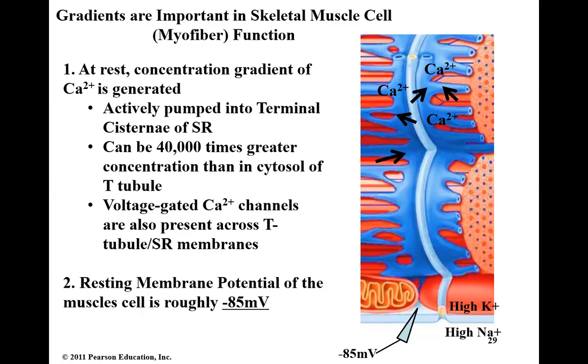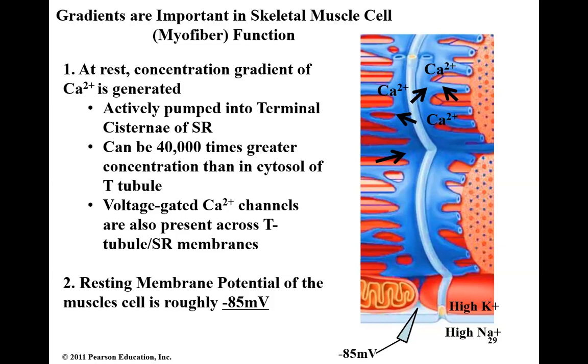So we're getting there. Okay, so again, at rest, we are building a huge concentration gradient of calcium inside the SR. We can already see that calcium is going to be released from the SR super fast when there is a change in charge. So when there is a depolarization, the depolarization of an action potential. We also have another set of concentration gradients that are being generated at rest.